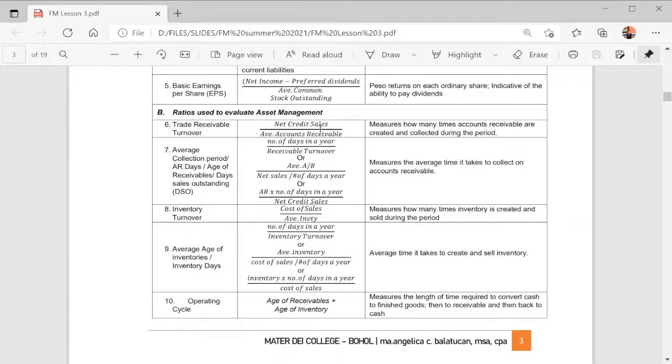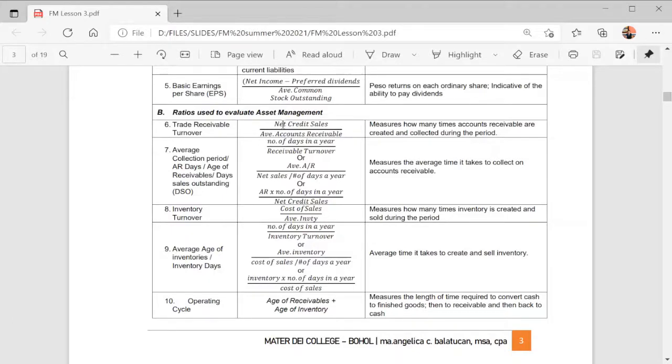If the problem is silent as to the computation or determination of the credit portion of your sales, then you can use the entire sales. But in some problems, you can compute for the credit sales as long as the given information lets you work back how to get the credit sales.